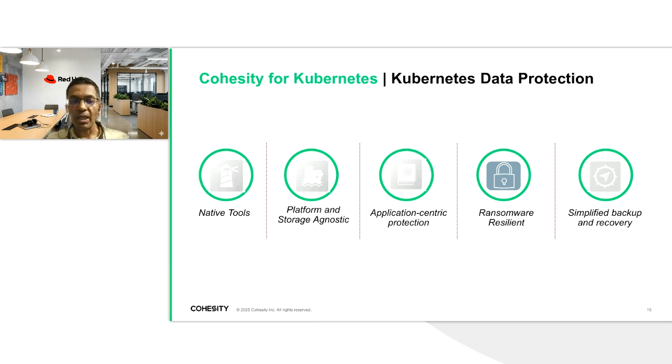So we make use of the platform's key capabilities. At the same time, we don't tie ourselves to very specific hardware or storage choices. We want to enable our customers and OpenShift customers in being able to do what they would prefer. So we aim to be as agnostic as possible.